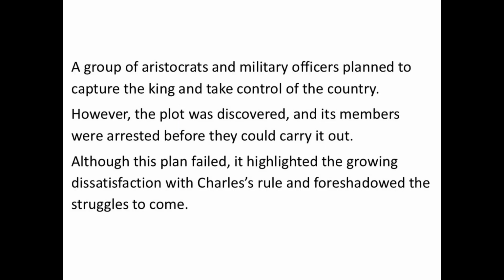A group of aristocrats and military officers planned to capture the king and take control of the country. However, the plot was discovered, and its members were arrested before they could carry it out. Although this plan failed, it highlighted the growing dissatisfaction with Charles's rule and foreshadowed the struggles to come.